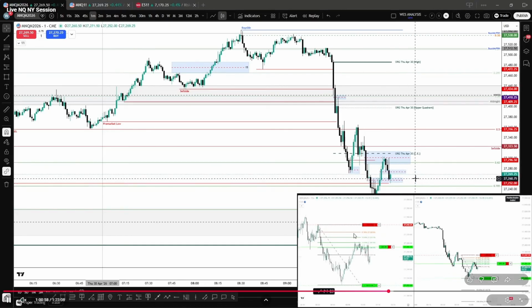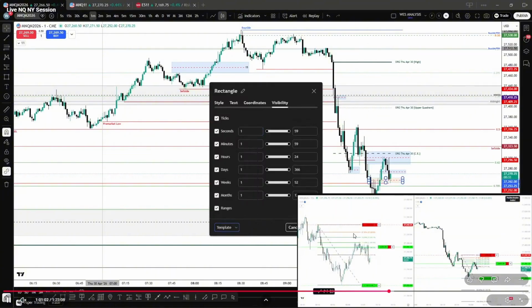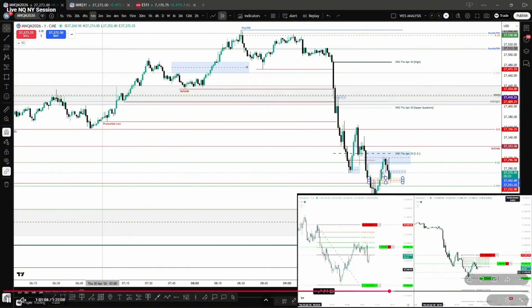given the market that we're kind of in, so that fair value gap right there. See that, I kind of think the market should use that as an inversion. Hold that lower.